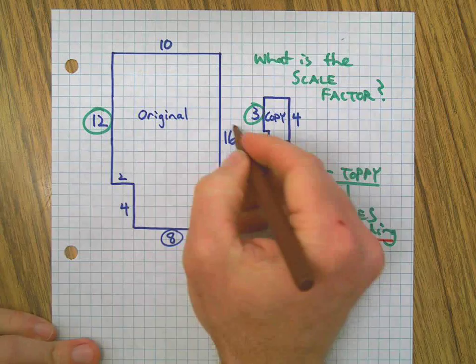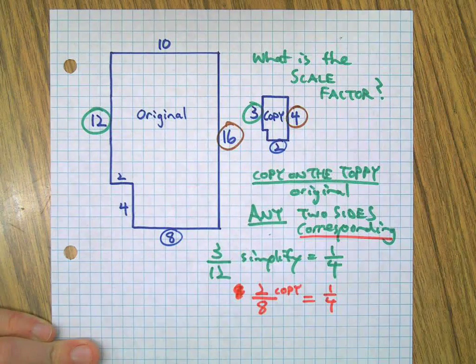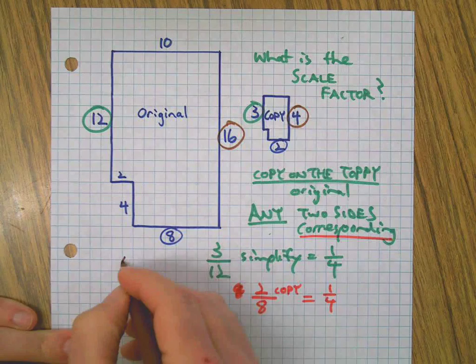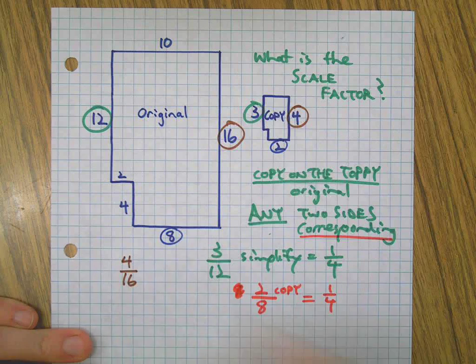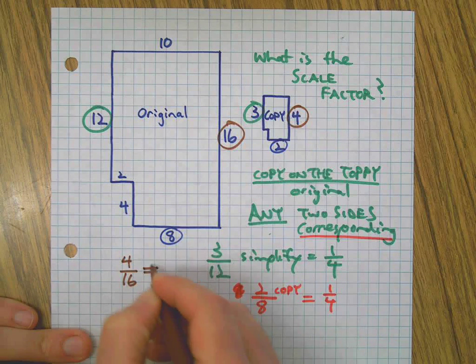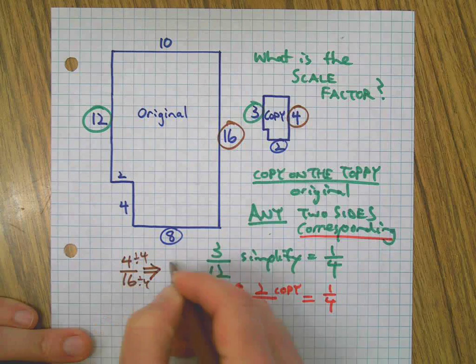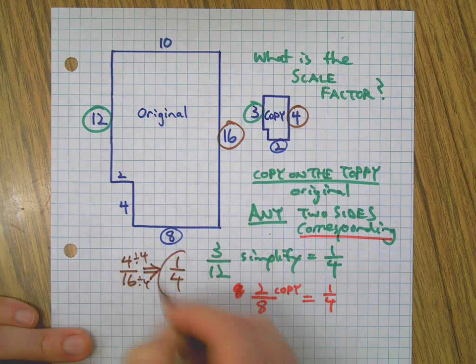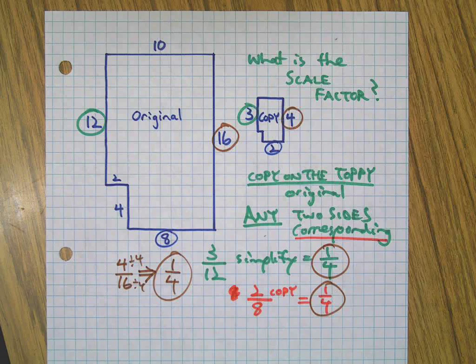We could find another pair of corresponding sides here. We got the 16 and the 4. Which one is the copy? Right, the 4. 16 is the corresponding side of the original. We're going to simplify by dividing both by 4, of course, and we get 1/4. And notice we get this same fraction over and over again.